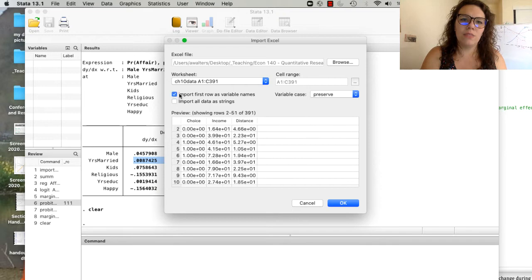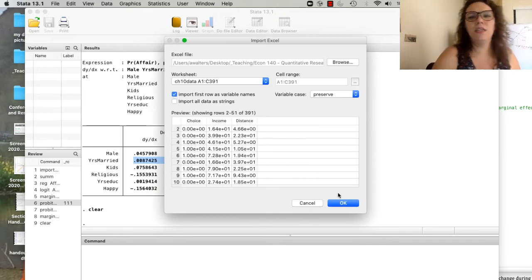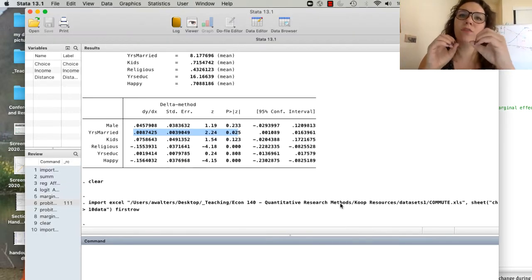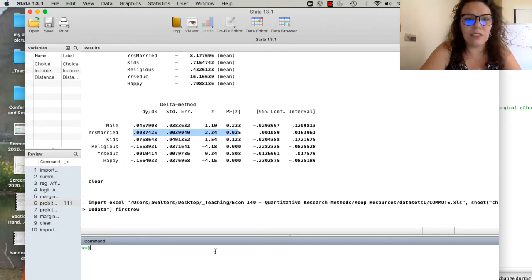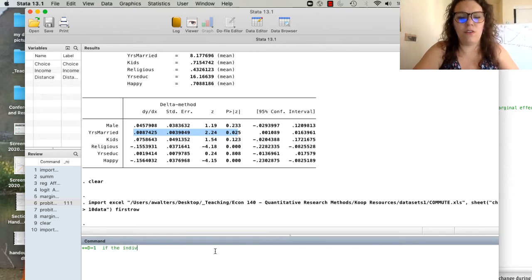And one thing that's important to keep track of with this data is you're going to want to make sure you keep track of whether your D equal to 1 means commute or not. So I'm going to write it in here for my notes. Choice equal to 0 if the individual takes public transport, D equals 1 if the individual takes a car to work.